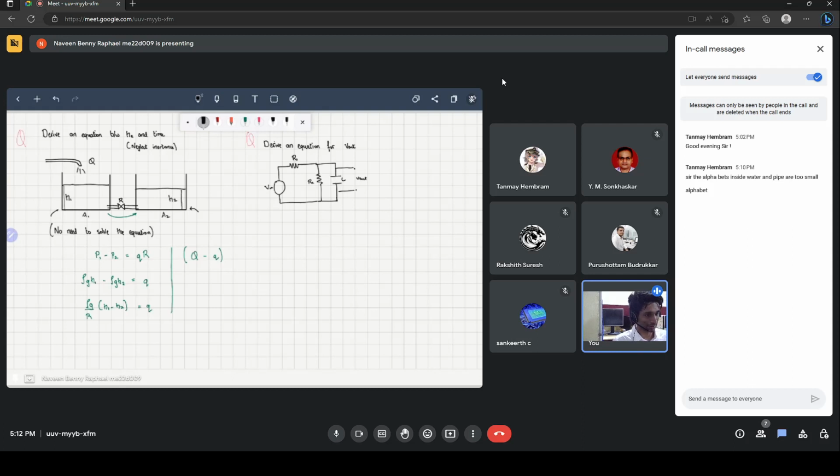Sorry, I just read the message now. So the rate of change of the fluid height will be, and that is equal to the rate of change of the volume.